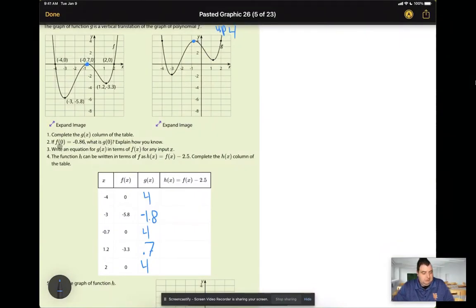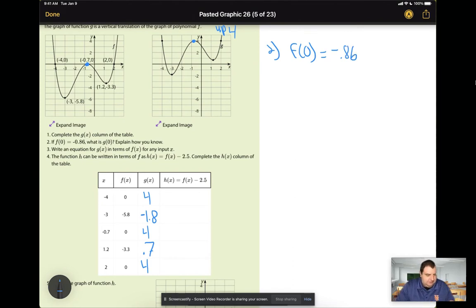Number 2, if f of 0 equals negative 0.86, what is g of 0? So f of 0 is equal to negative 0.86.